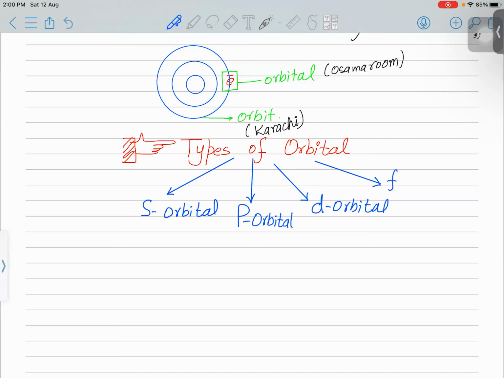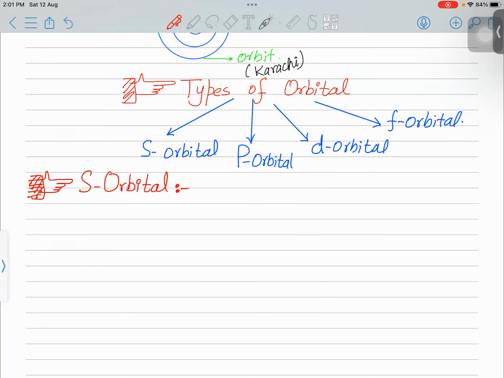So let's start from s orbital. Now, you know that Usama's room has a specific shape, right?